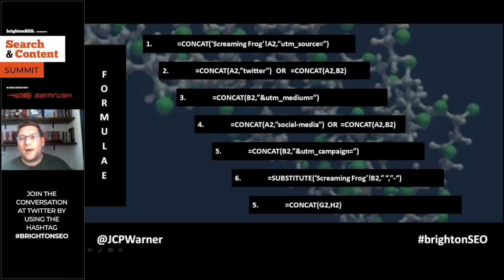So Screaming Frog B2 gives us the title, and then the substitute part of the formula allows us to use the quotation marks to say we are substituting a blank space for a hyphen, and that just gives us a thing so that we don't get any special characters in the UTM when it comes through. Then again, we just concatenate the campaign and the actual title of the piece.